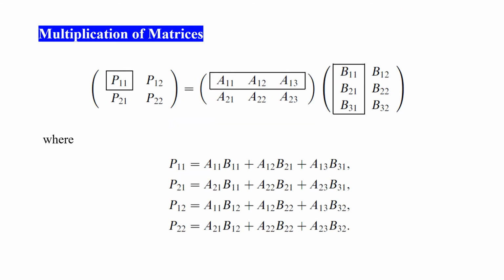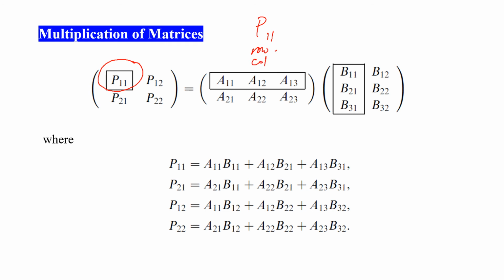Now let me show you how you're going to multiply your matrices. So this is your matrix P with these elements P11, P12, P21, and P22. Let's take first your P11. Again, the first number is your row and the second number is your column.